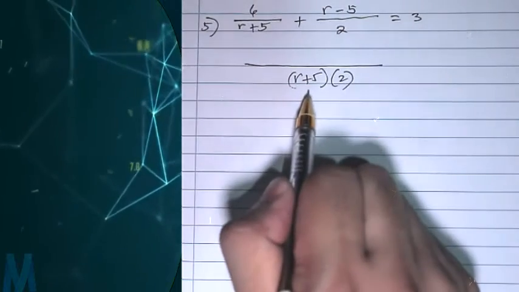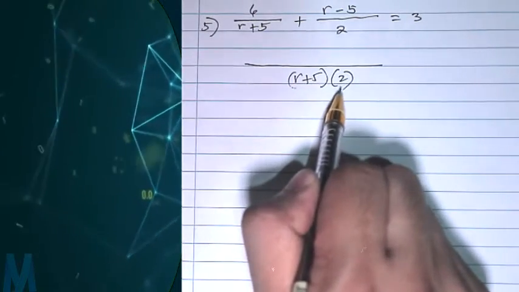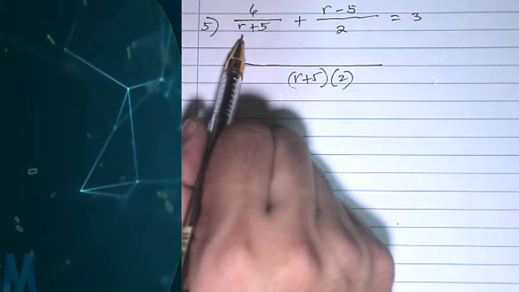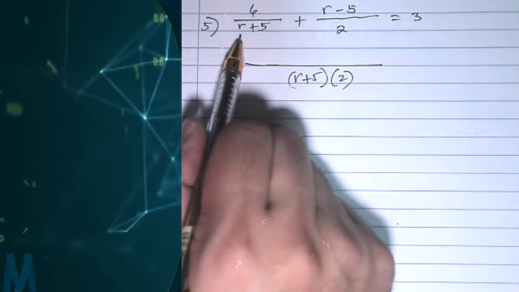Then we're going to divide r plus 5 times 2 with r plus 5. Okay, and the result we're going to multiply it by 6. Same thing with the second fraction. So r plus 5 times 2 divide by 2. Then the answer multiply by r minus 5.